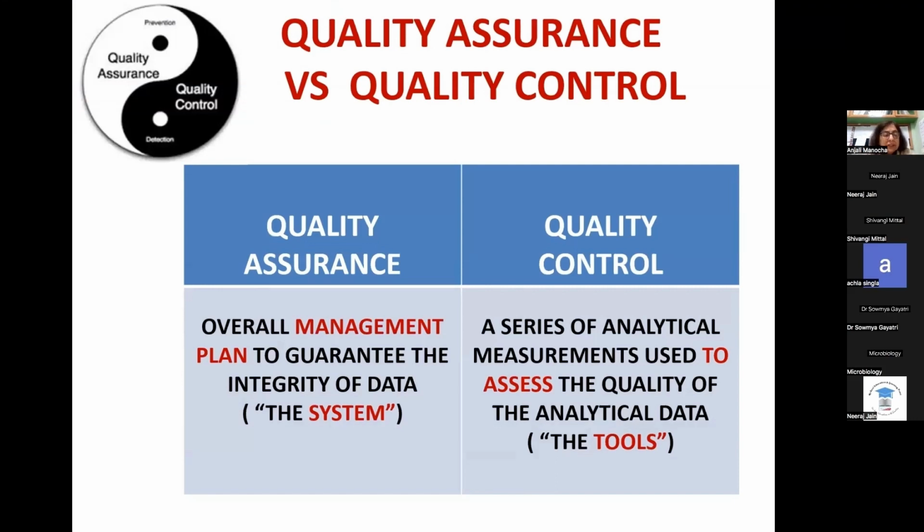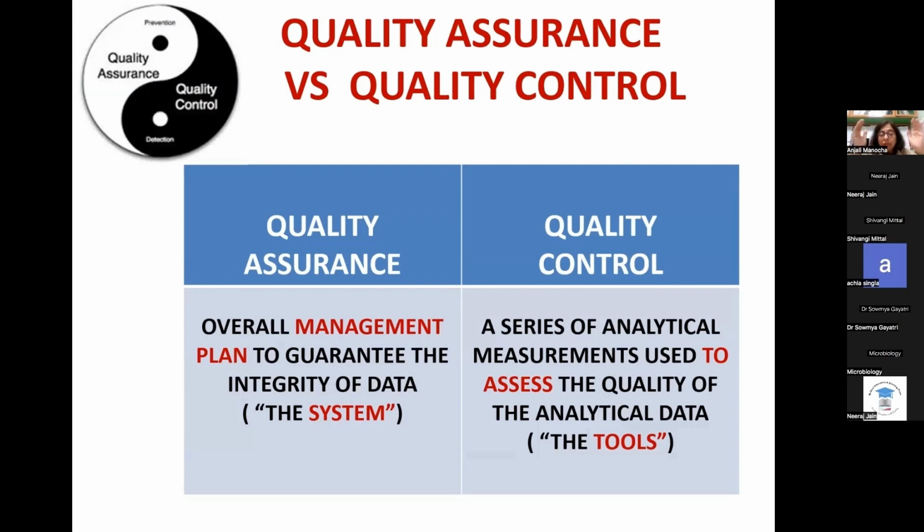Now, the first thing that I'd like to make clear are the two terms that we normally use for quality control. A lot of people use them interchangeably when they actually mean different. One is quality assurance and the other is quality control. Now, quality assurance encompasses the entire system.